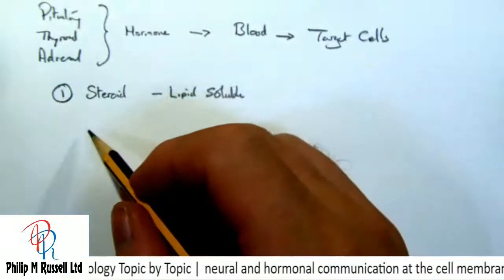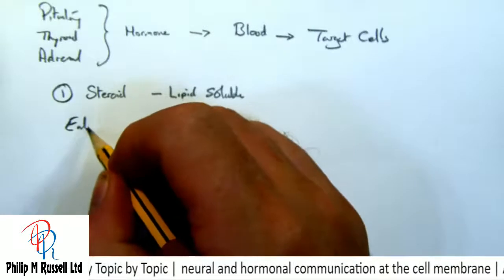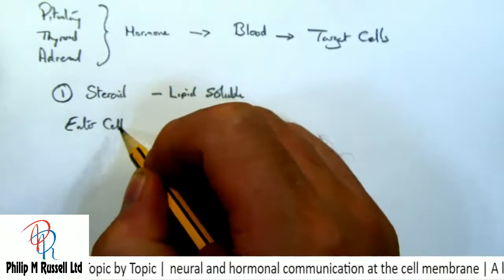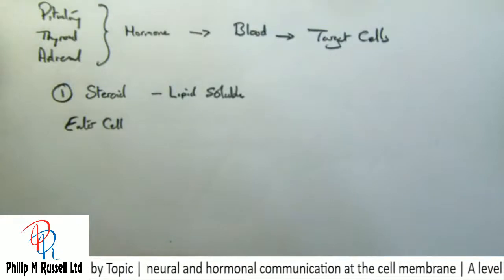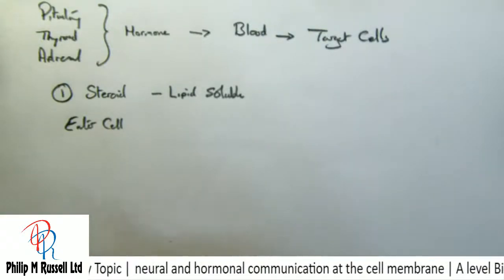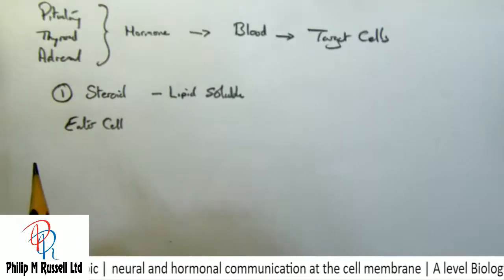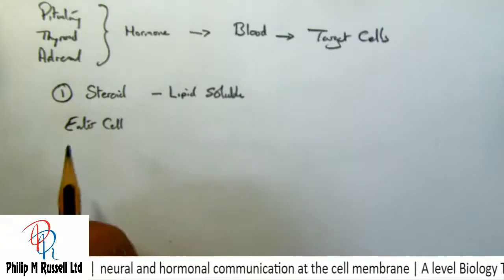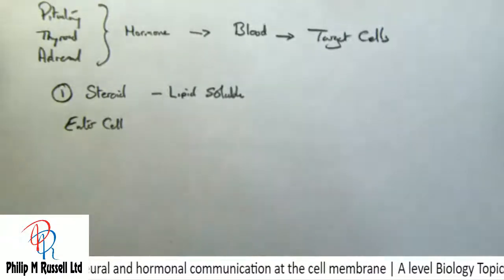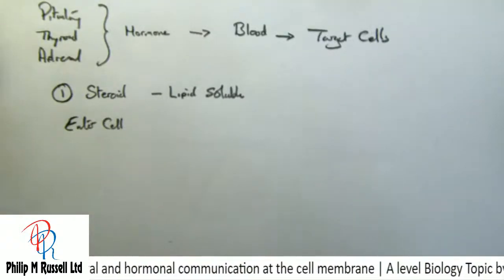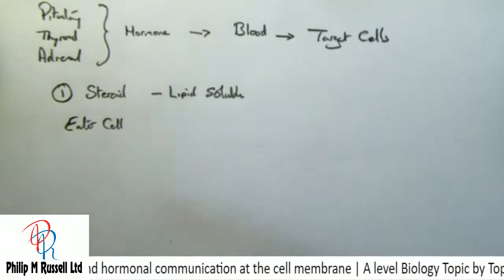Now this is simply going to mean they can enter the cell. They basically bind to a steroid hormone receptor, and these receptors may be present in the cytoplasm or in the nucleus depending on the hormone, and they're then going to make some sort of transcription factor.